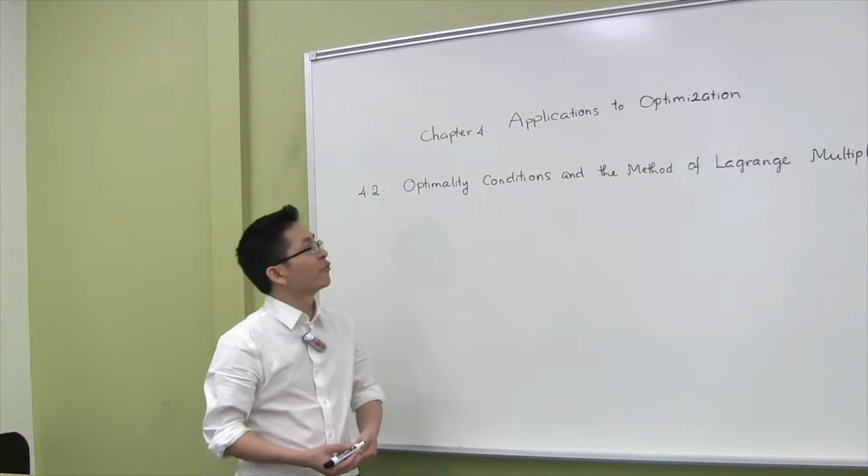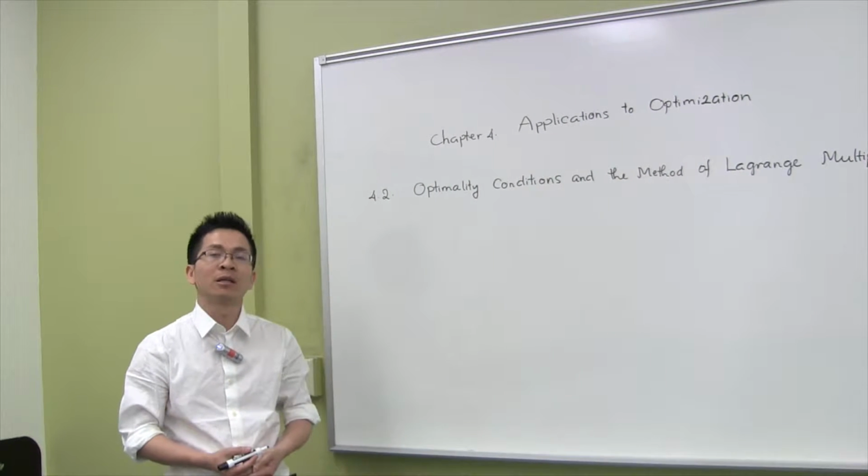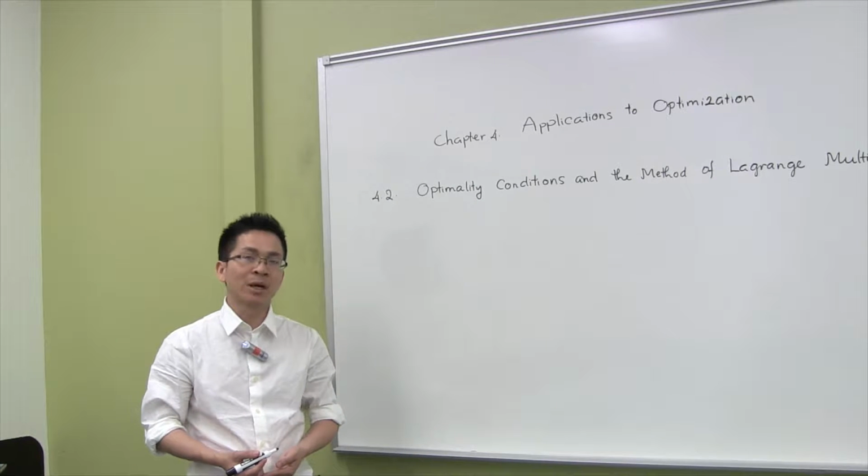In the second part of this section, I'm going to talk about the method of Lagrange multipliers in order to solve convex optimization problems.